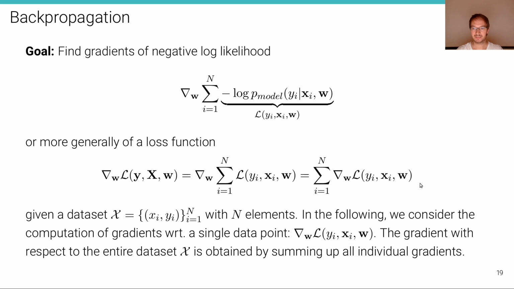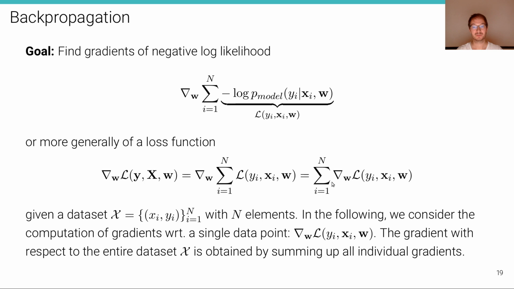So basically, from this expression here, we get a vector, which is the gradient of this scalar valued loss function with respect to all the parameters that we have. That could be millions in our neural networks. And then we calculate such a gradient vector for each data point i.